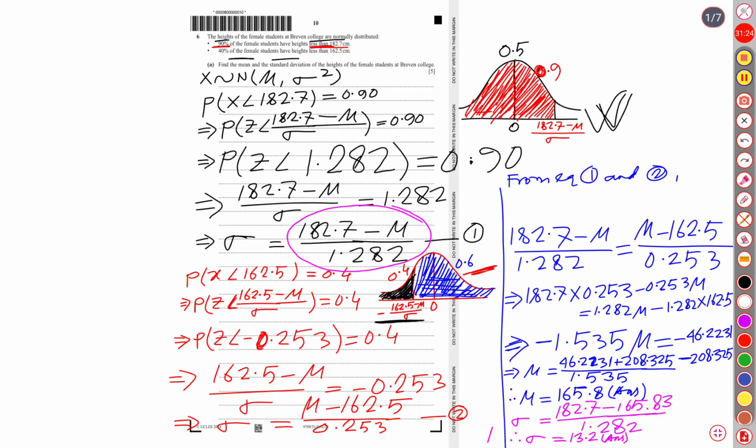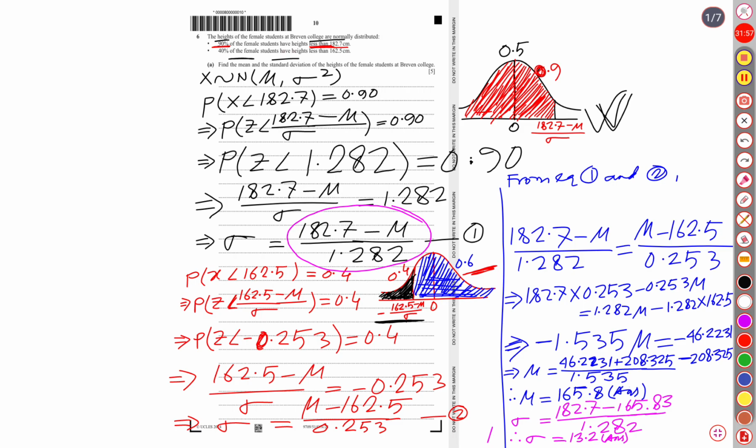Whenever we find the corresponding z-score, we always choose the greater probability, not the smaller one, because I have shown that in the normal distribution table all the probabilities start from 0.5. So for that reason we have chosen the greater probability. If 0.4 is the smaller probability, the greater region is 0.6, and we found the corresponding z-score for the probability of 0.6.